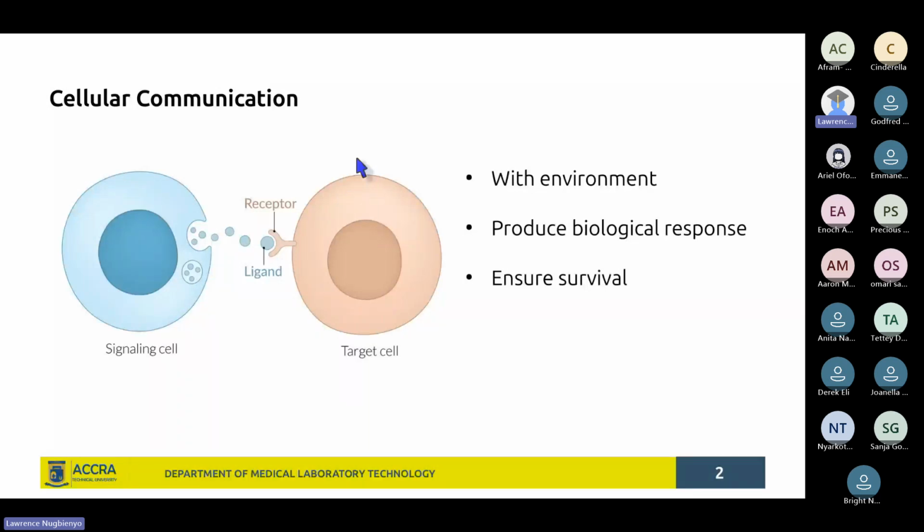If you take multicellular organisms, cells communicate among themselves as a way of survival. So for instance, if you have some intrusion or some invasion of some bacteria, some virus, there should be an immune cell that recognizes such an invasion and then responds to it.